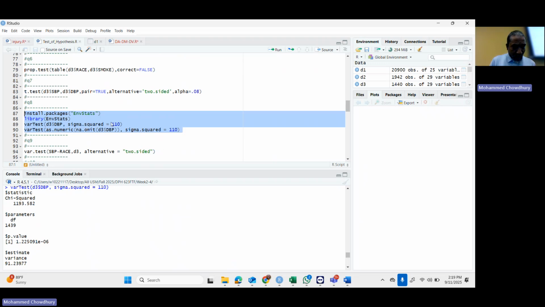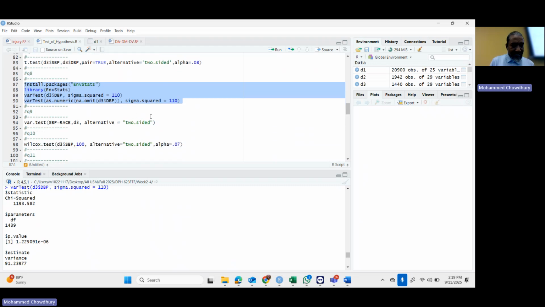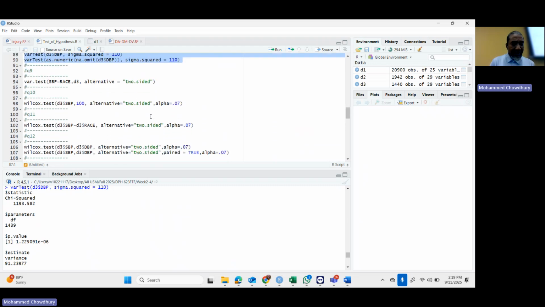So question number 8, I ran the equality of variance test. Now question number 9, I am running whether the variance of SBP is the same for race 1 and race 2. Question number 9 is telling you bartlett.test SBP and race, alternative two-sided, and we are running this.